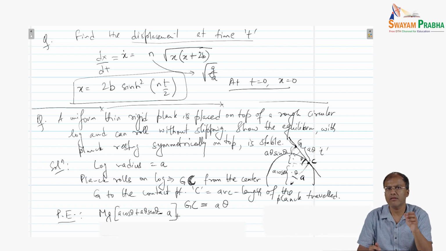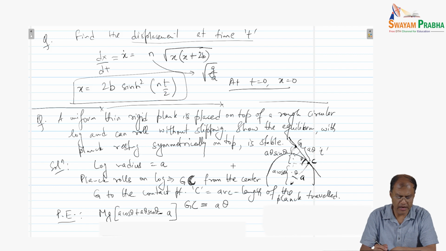Here, due to rolling, there are frictional forces at the point of contact, but they do no additional work because there is no sliding. There is no relative distance traveled by the plank with respect to the log, so there is no additional work done by the contact forces. So we are ready to write down the total energy of the system.